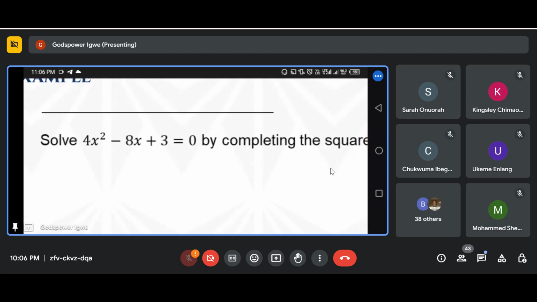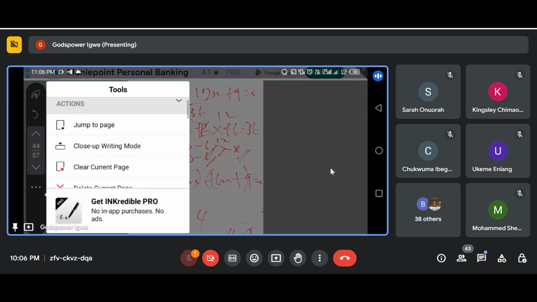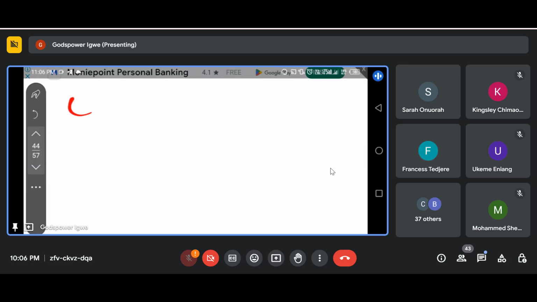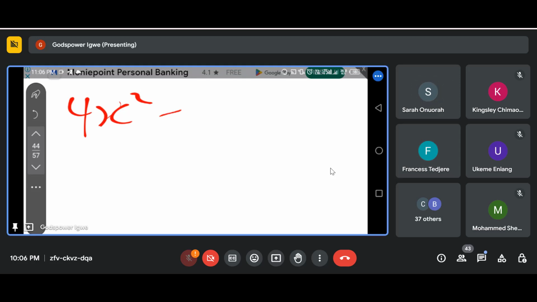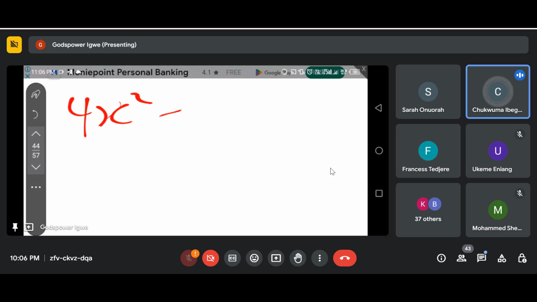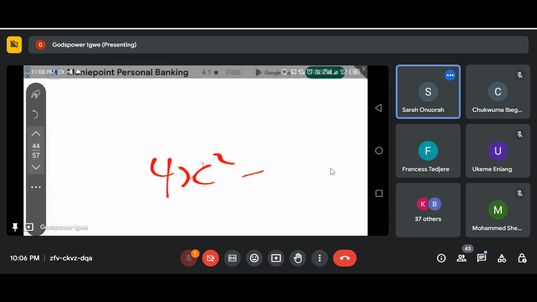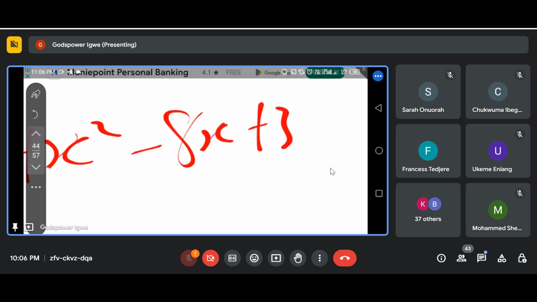I hope I can still remember all the four processes. 4x squared minus 8x plus 3. Is it minus or plus? Minus 8x, plus 3.